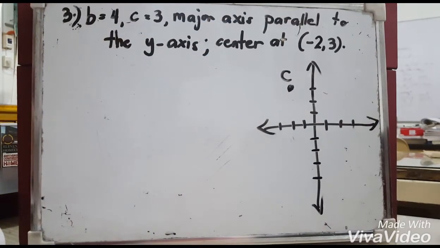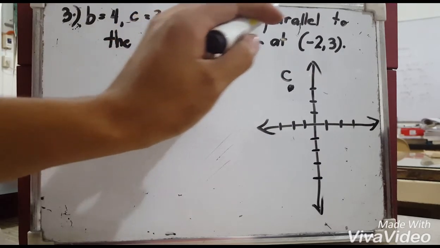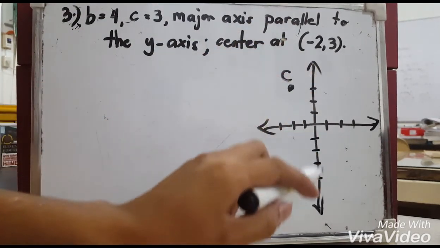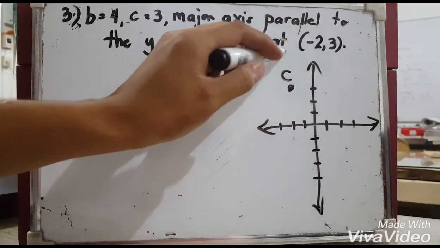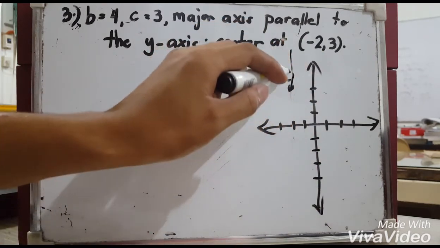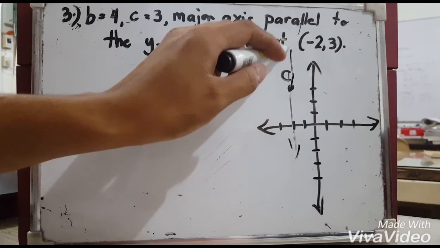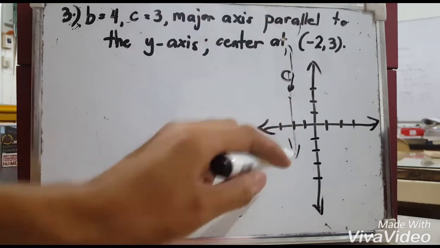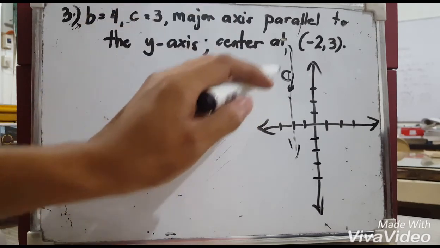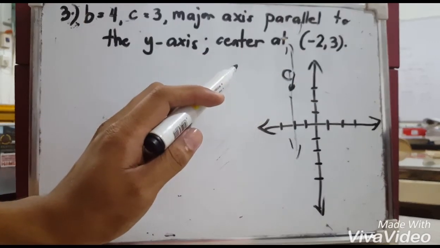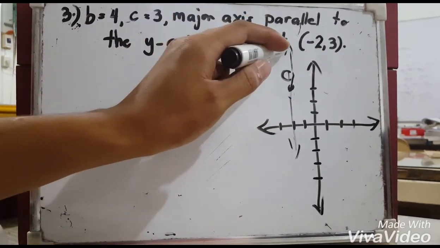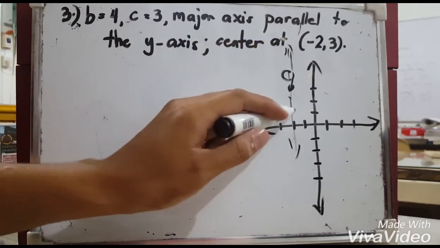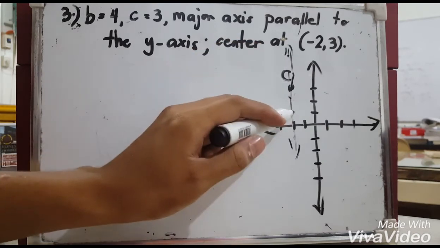Now, take note, class. The major axis is parallel to the y-axis. If this is the y-axis, then this is a line which is parallel to the y-axis. This must be our major axis. Of course, the major axis must pass through the center. And also, if this is the major axis, therefore, the foci are located on this line.